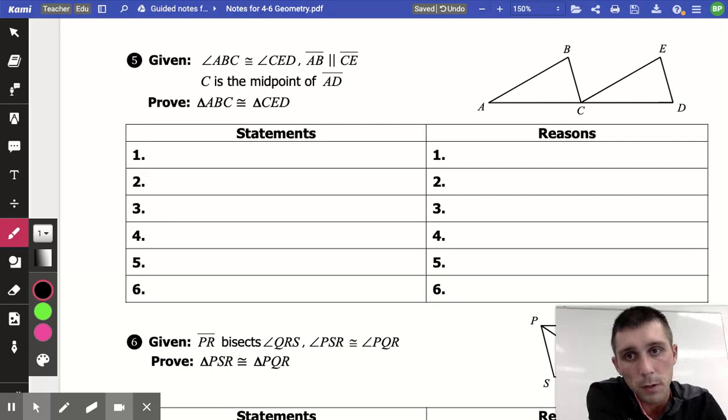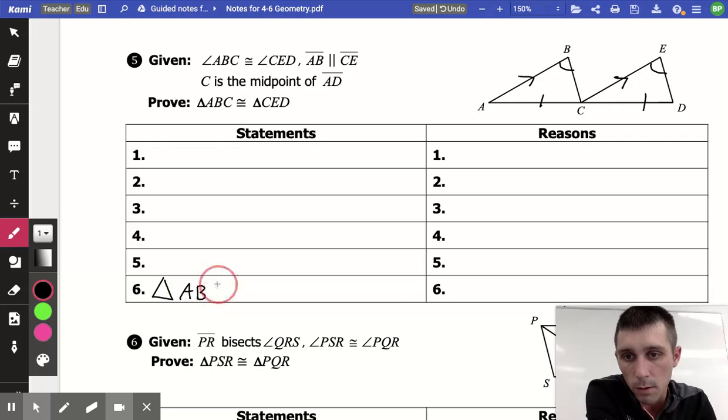So given angle ABC is congruent to angle CED, and AB is parallel to CE, and C is the midpoint of AD. Prove triangle ABC is congruent to triangle CED. All right, our first one, angle ABC congruent to angle CED, given.